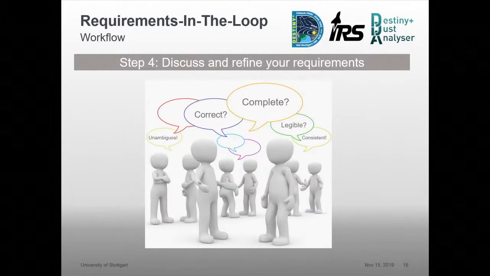But whether the requirements are correct, complete and legible has to be discussed with your stakeholders. So this enables the possibility to discuss it within the software team, with the project manager, and with the customers, and so on, with all the different stakeholders.